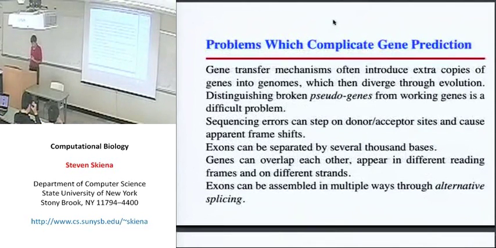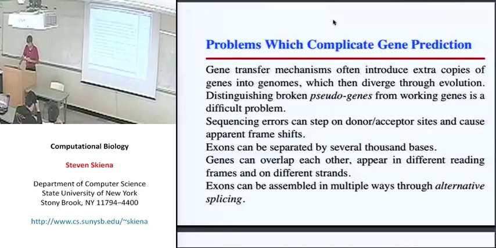Now, there are several problems that make this harder. We now have the start of a gene-finding methodology. There are certain functional symbols that have to be there. They're weak. There are certain statistical differences within genes and not genes. We can look to see where the line goes up and down. Recognize that there are lots of problems that make this very hard.